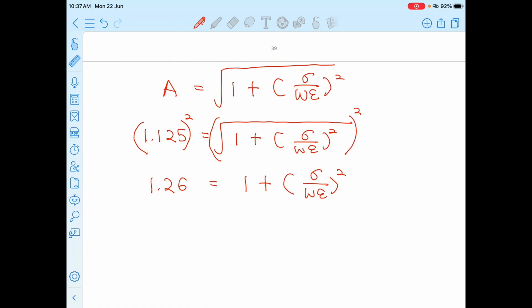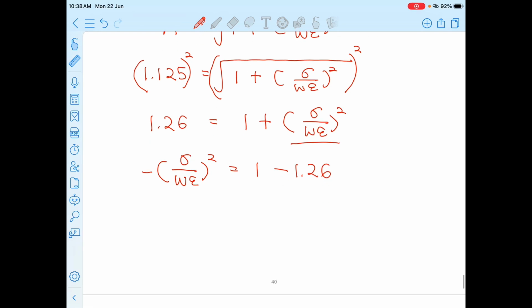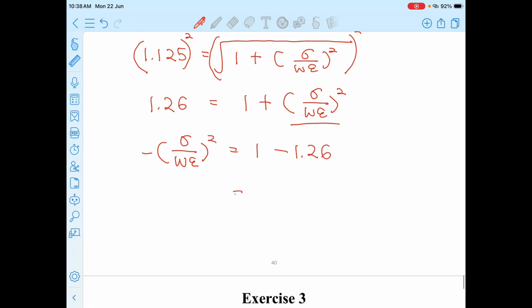Next, I'm going to move this to the left side and this one to the right side. So this becomes negative 0.26, so I can cancel both together.